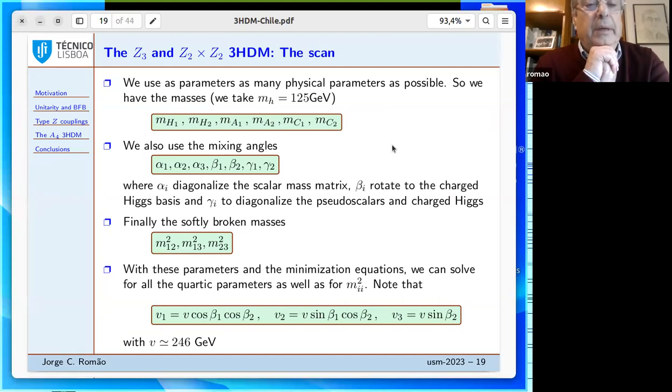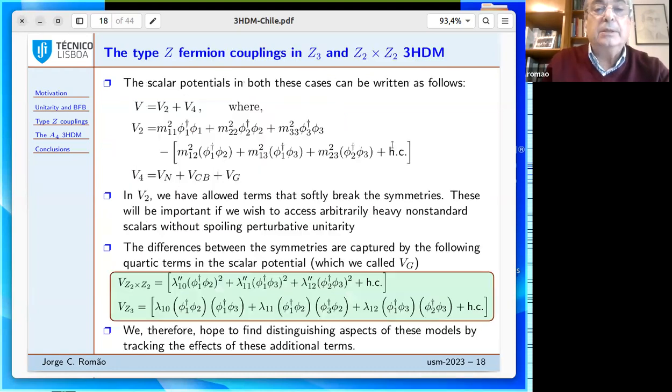You need also some mixing angles. You need alpha i to diagonalize the scalar mass matrix. You need beta i to rotate to the charged spaces, and gamma i to diagonalize the pseudoscalar and the charged spaces once you go to the charged spaces. You also need, finally, the softly broken masses, these parameters that I was putting there.